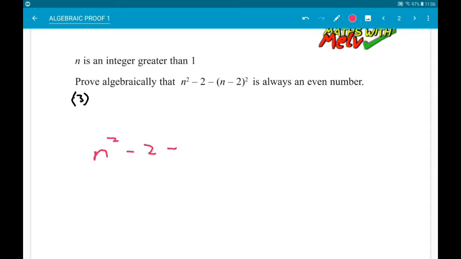So let's put that in square brackets. So (n minus 2) squared, remember, means (n minus 2) times (n minus 2). So that's going to give us n squared minus 4n add 4.